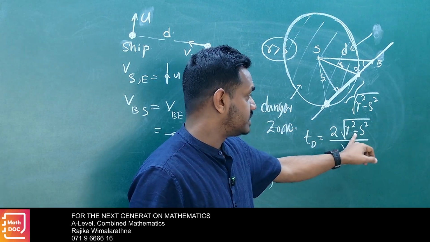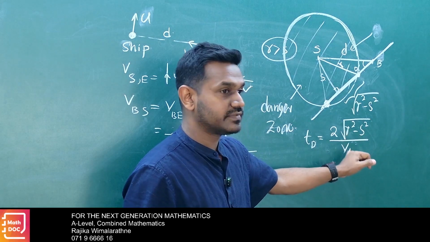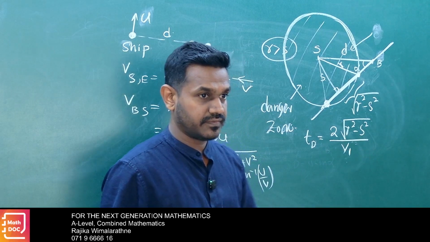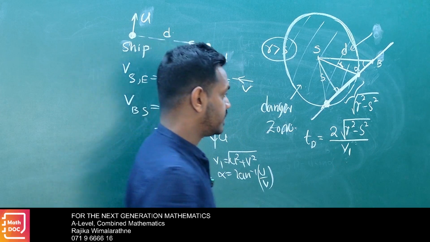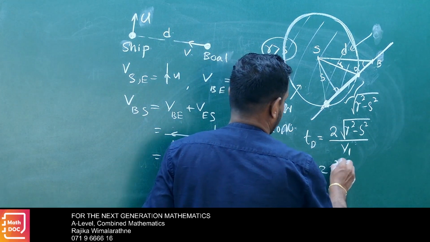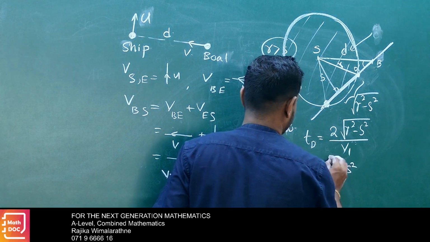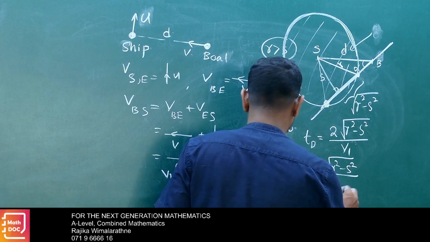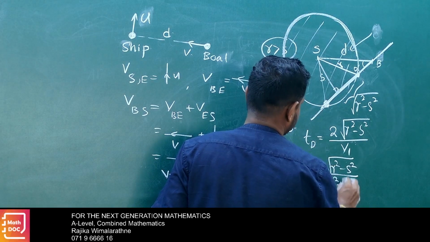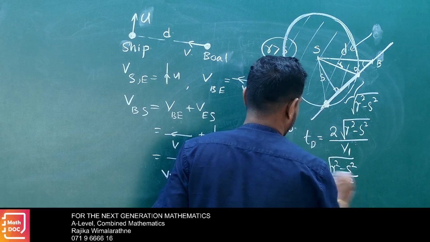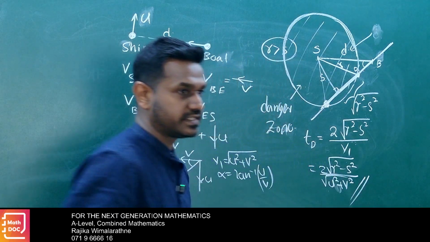Then twice that displacement needs to be divided by its velocity. Okay, so that is the time: 2 square root of r squared minus s squared divided by square root of v1 squared plus v squared. That is the time in danger.